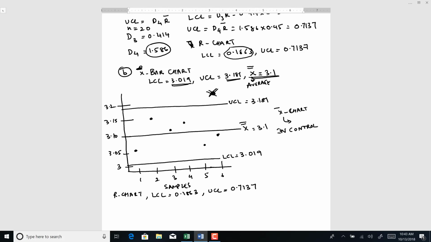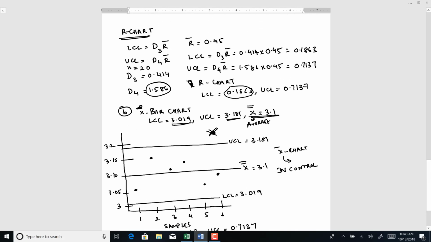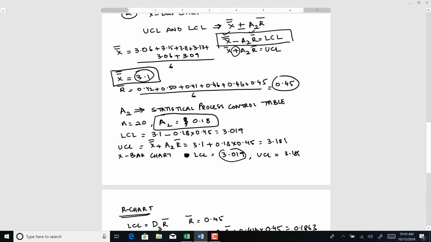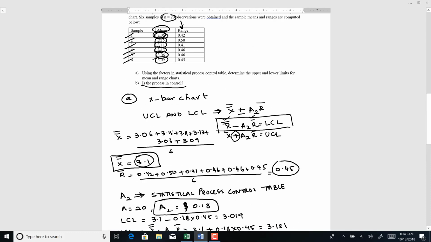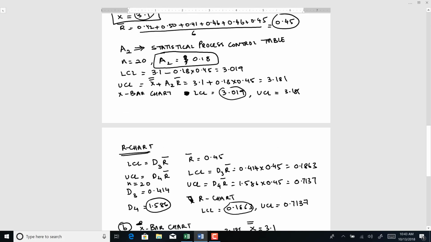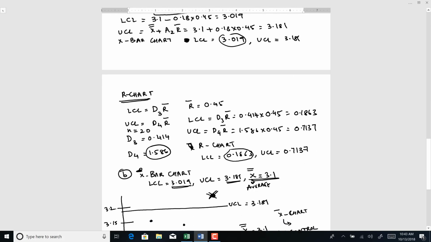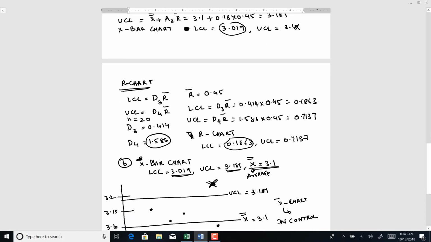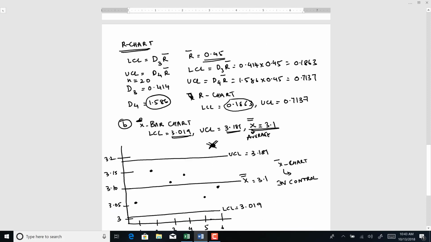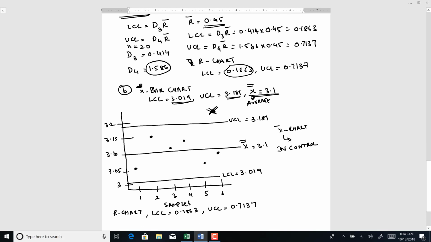If you see our data set, R bar is 0.45, so I will write R bar also. R bar is 0.45.